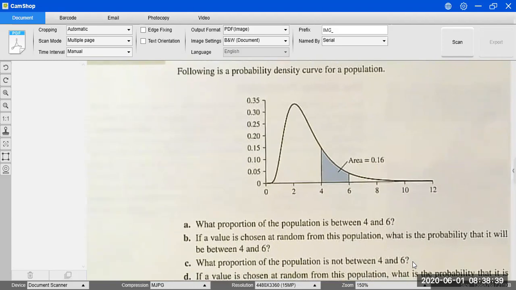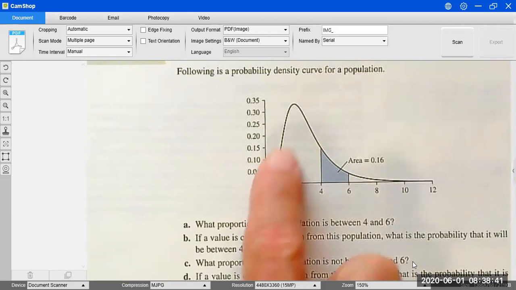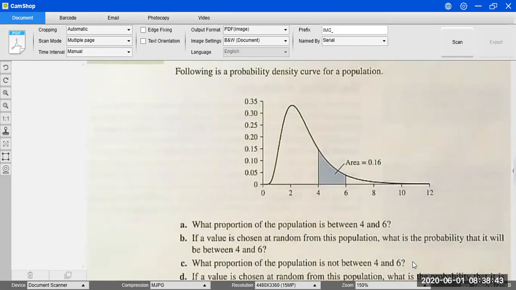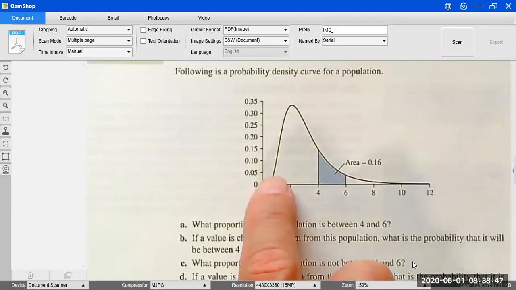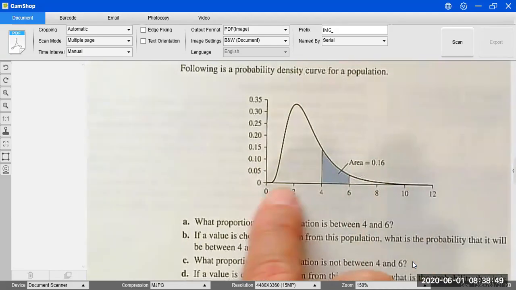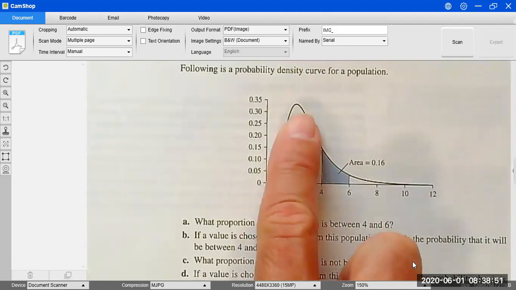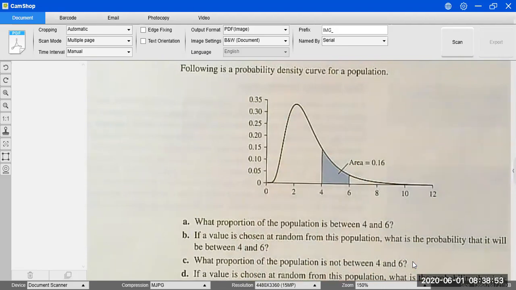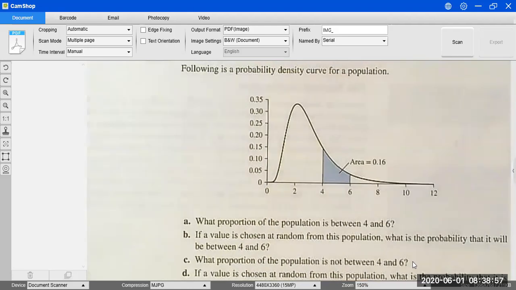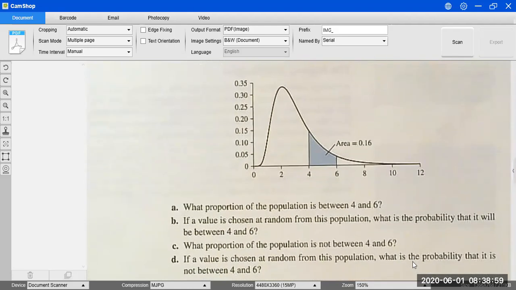So we have that curve. It doesn't matter that the curve is not symmetric. It's just a curve. The only important thing is that the area under this curve is going to be 1. It can't be less than 1. It can't be greater than 1. It should be 1. And then we have 4 questions.